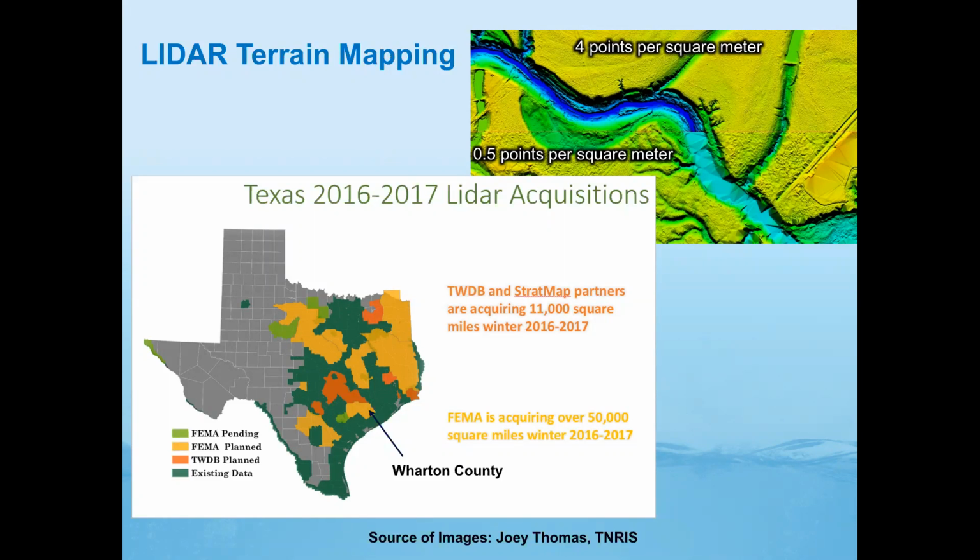So this is underway. The 4 points per square meter is what they're starting to collect now, and they're trying to map as much as they can. But there's a lot of lower resolution still out there, and a lot of overlaps.